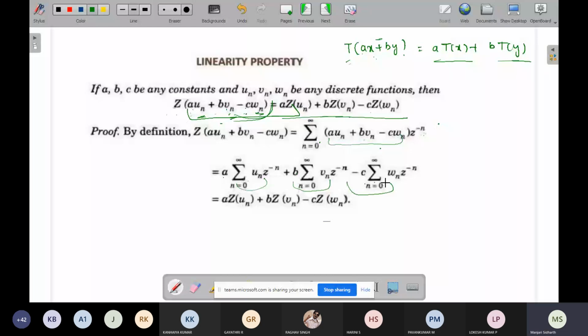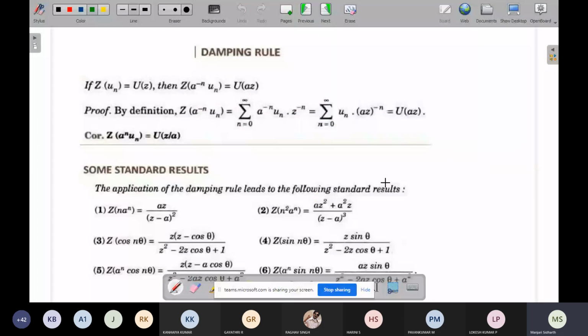Damping rule, an important rule. Many times we are going to use it in these standard results. The z transform of u_n gives you a function of z, right?